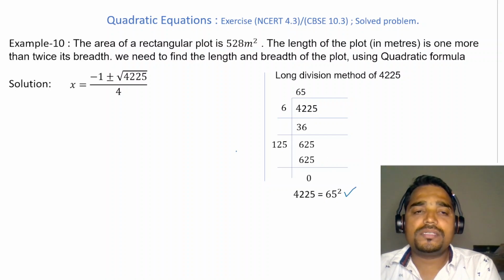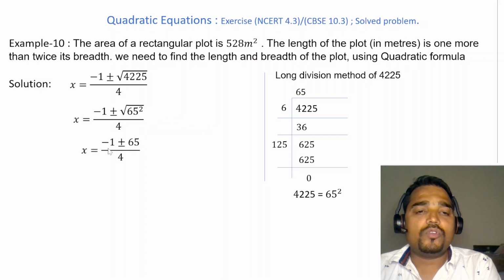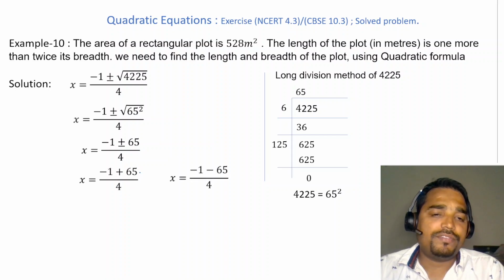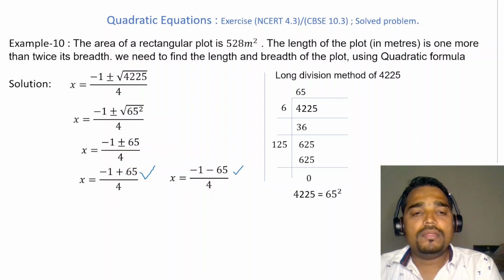Let's substitute the 65 square in the equation. x is equal to minus 1 plus or minus square root of 65 square divided by 4. This square and square root would get cancelled. Therefore, x is equal to minus 1 plus or minus 65 by 4, or x is equal to minus 1 plus 65 by 4, or x is equal to minus 1 minus 65 by 4. 65 minus 1 is 64 by 4.